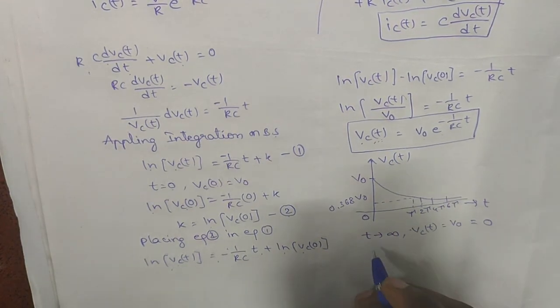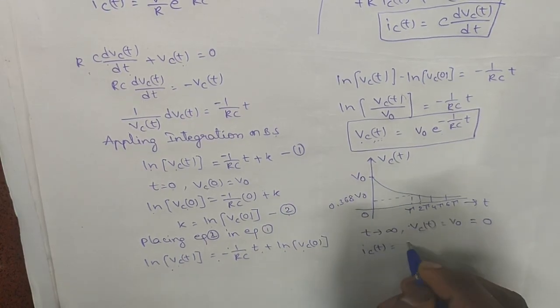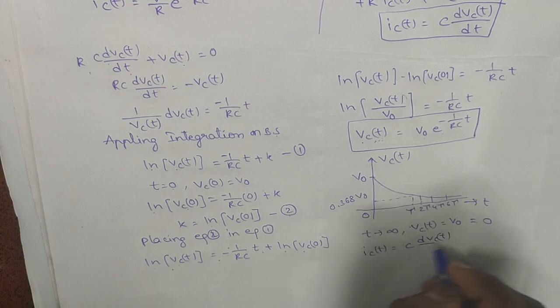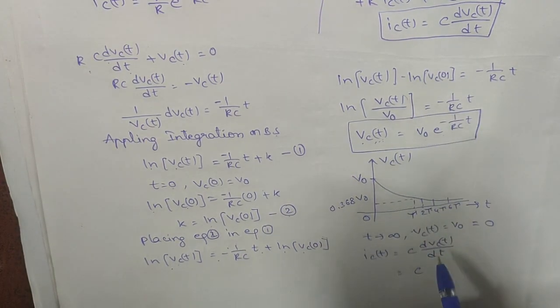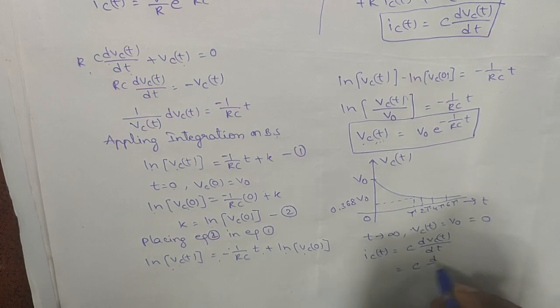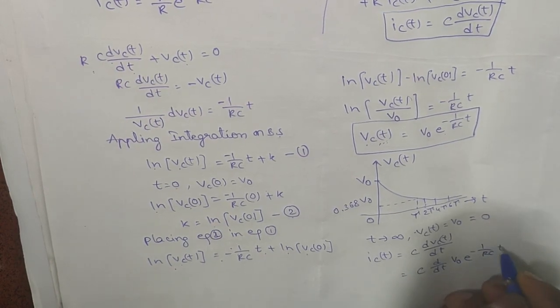Now we will find the current Ic of t. Ic of t will be C dVc(t) by dt. In this we will place our equation, d by dt of V naught e power minus 1 by RC into t.